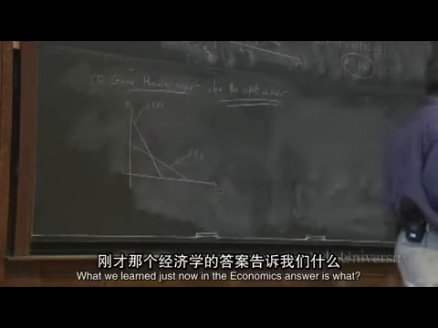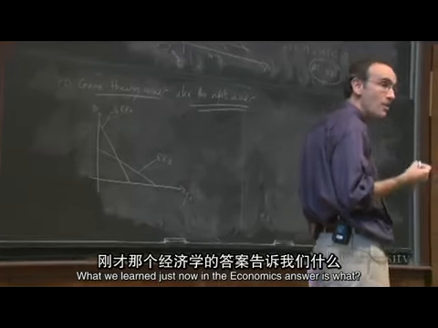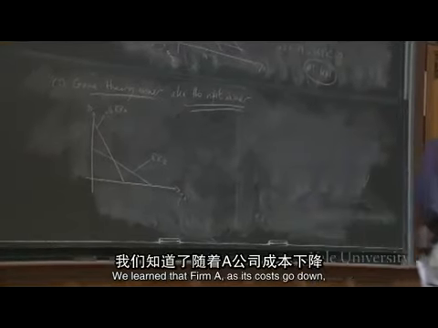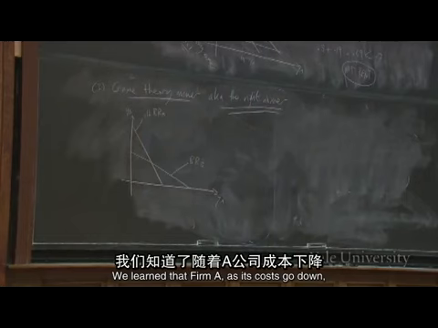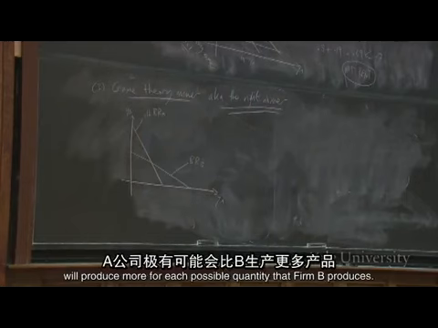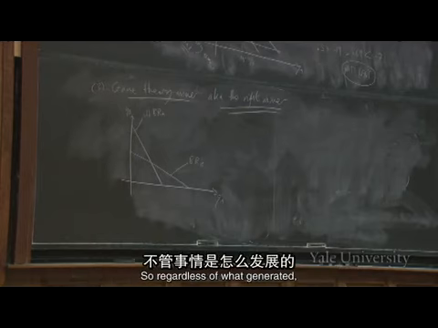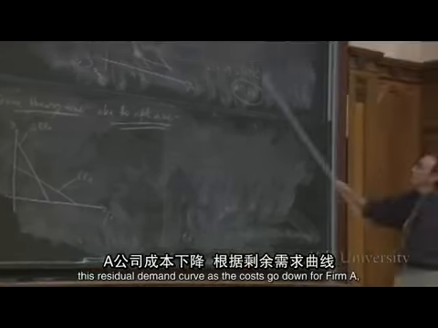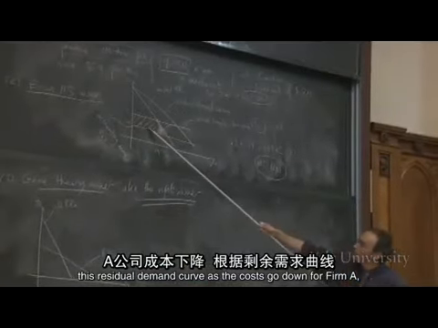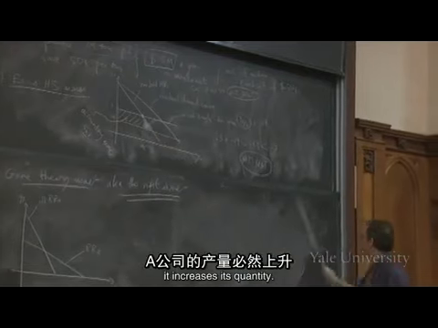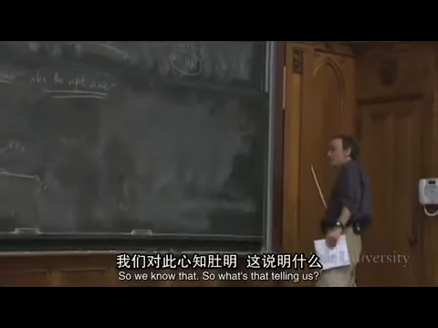And what we learned just now in the economics answer is that firm A, as its costs go down, will produce more for each possible quantity that firm B produces. So regardless of what generated this residual demand curve, as the costs go down for firm A, it increases its quantity.